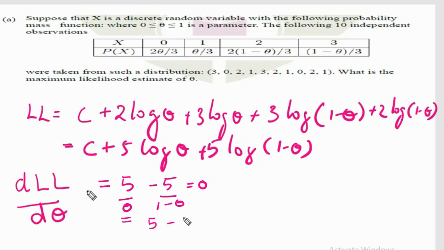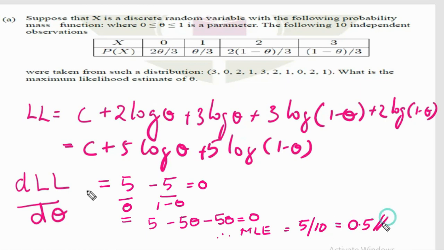Solve it, which gives 5 minus 5 theta minus 5 theta equal to 0. Now you find the value of theta, that will be your MLE. So therefore MLE is equal to 5 by 10, which is equal to 0.5, and this is your answer.